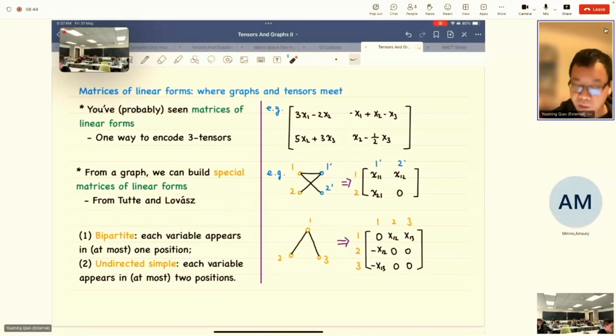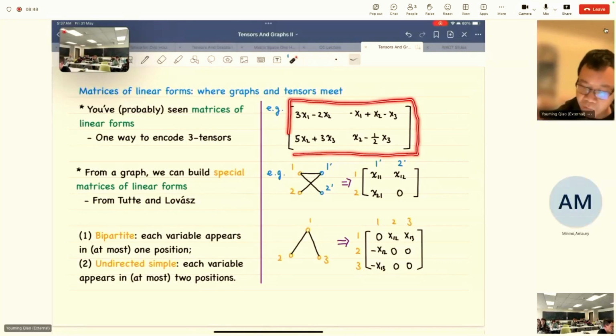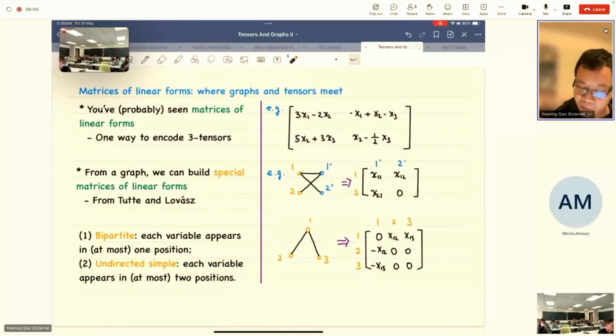So at the very beginning, we were using matrices of linear forms, right? So every entry is a linear form in some variables. And then starting from graphs, we looked at two families of graphs. The first one is bipartite graphs. So that's this type of graphs.